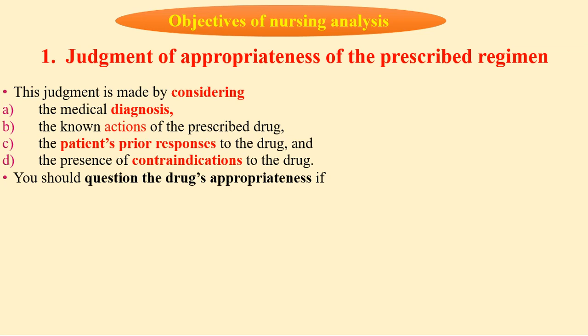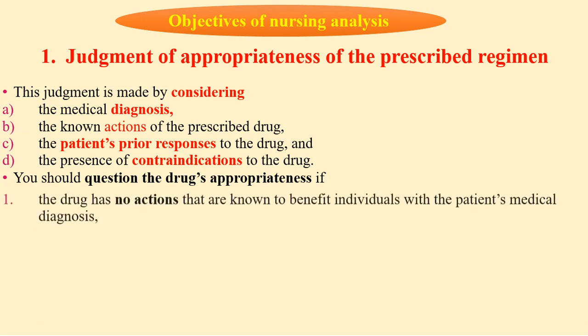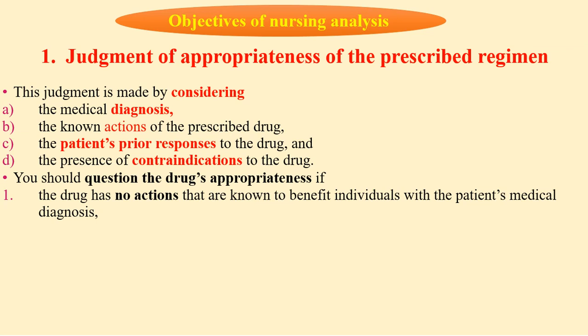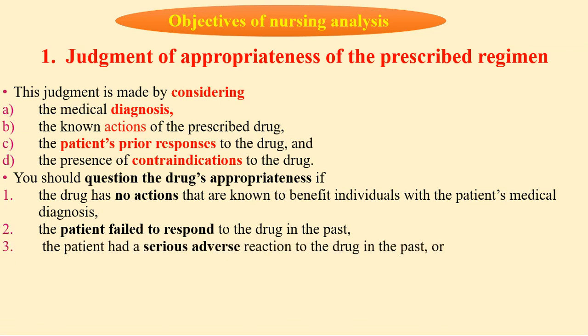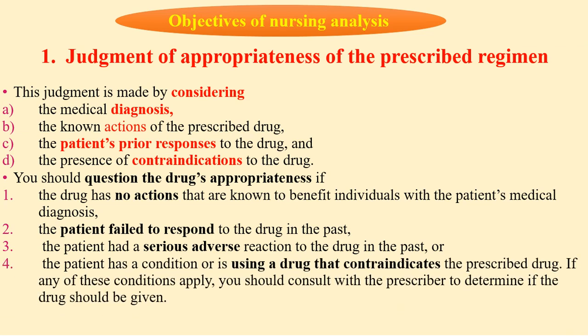So we should question the drug's appropriateness if the drug has no actions that are known to benefit individuals with the patient's medical diagnosis, or second, the patient failed to respond to the drug in the past, or third, the patient had a serious adverse reaction to the drug in the past, or the patient has a condition or is using a drug that contraindicates the prescribed drug. If any of these conditions apply, you should consult with the prescriber to determine if the drug should be given or not.